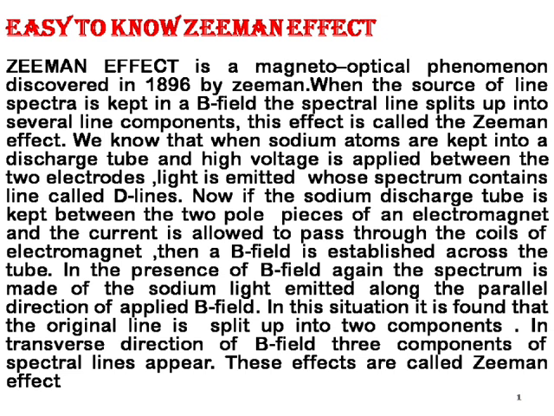In the presence of B field, again the spectrum is made of the sodium light emitted along the parallel direction of applied B field. In this situation, it is found that the original line is split up into two components. In transverse direction of B field, three components of spectral lines are observed. This effect is called Zeeman effect.